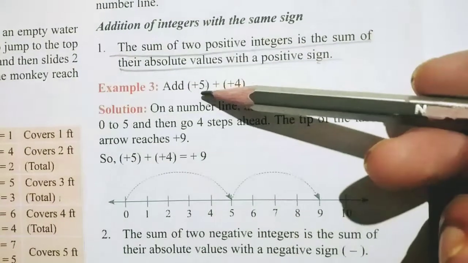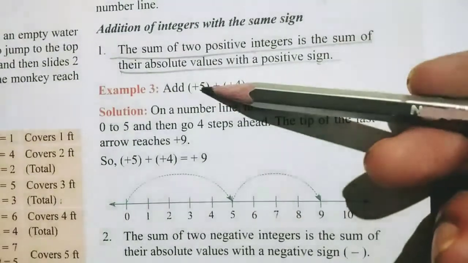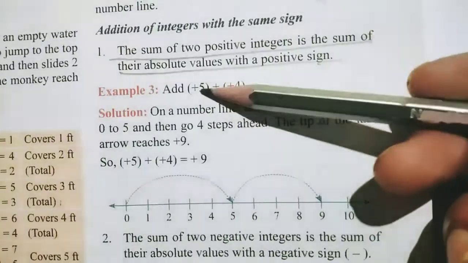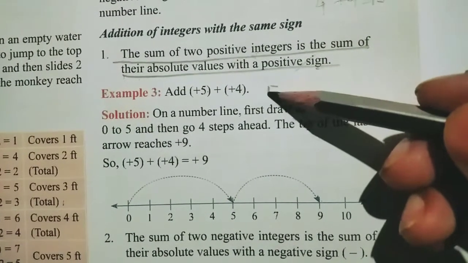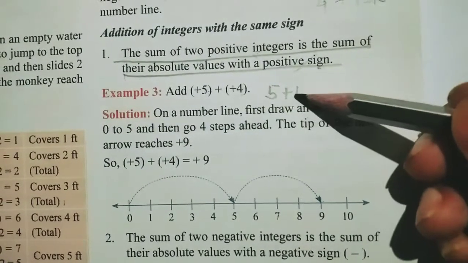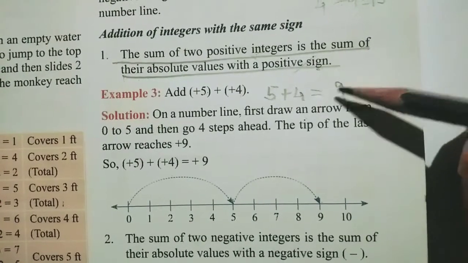Suppose here add plus 5 plus 4. That means plus 5 is having the positive sign and plus 4 is also having positive sign. So when you take out the absolute value of plus 5, it is 5 only. Then what is the absolute value of plus 4? It is 4 only. That means both are positive. Then 5 plus 4 is 9. So 9 is also positive.